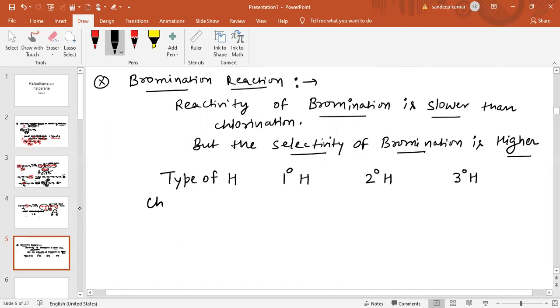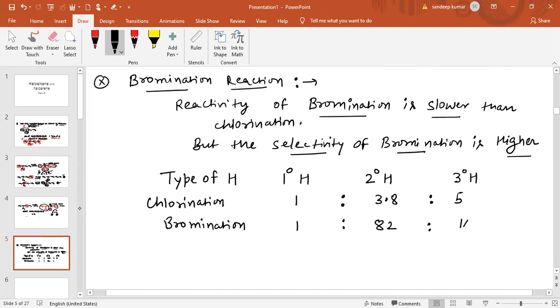In case of chlorination, the selectivity is 1 : 3.8 : 5. While in the case of bromination, the selectivity is 1 : 82 : 1600.